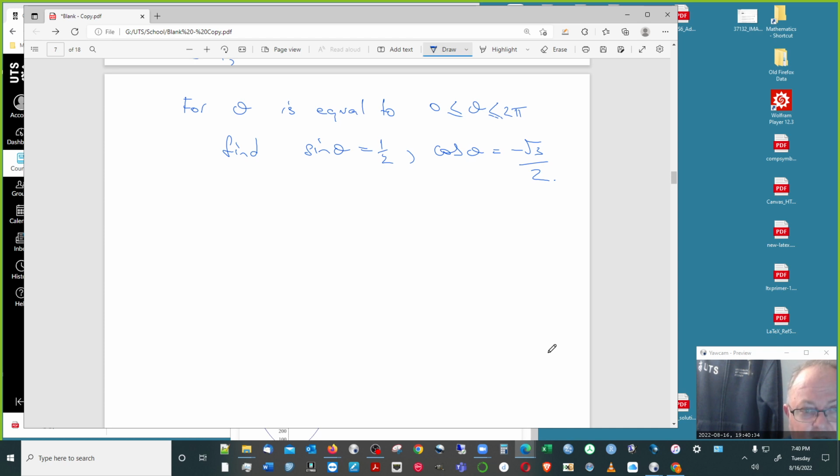Okay, what is theta? Well, we've got x and y. We've got a large negative x and a small positive y. Does that fit? Root 3 on 2 is bigger than 0.5. So we've got a small positive y and a large negative x.